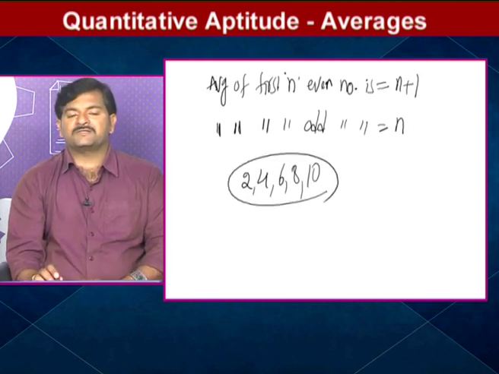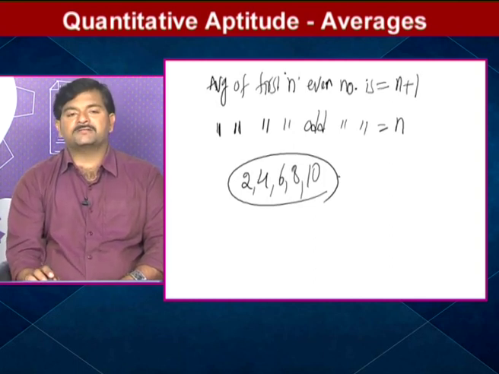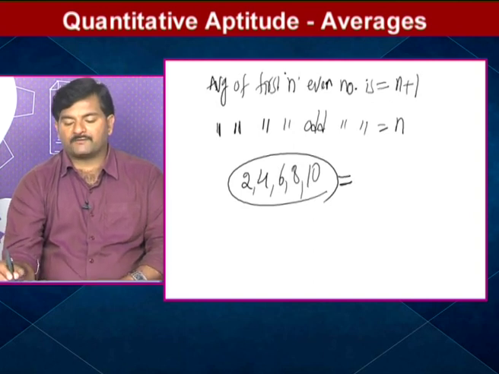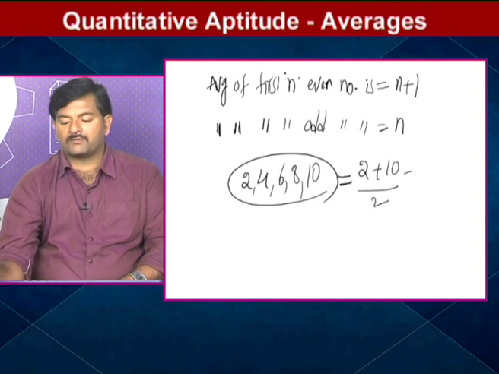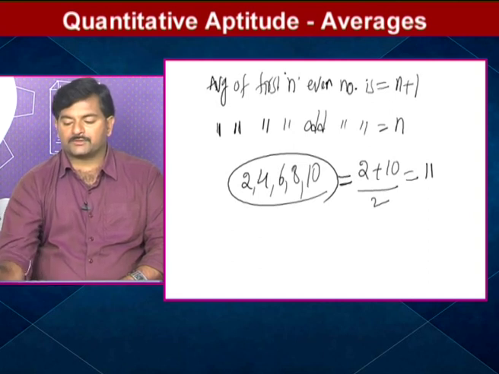Can I say these are the first 5 even numbers? Yes, you can say. So can I say they differ by a constant term? Yes. The difference is 2, 2, 2, 2. The formula is first number plus last number by 2. 12 by 2. 12 by 2 is equal to what am I getting? 6.